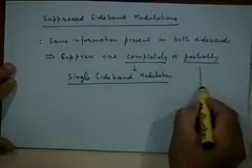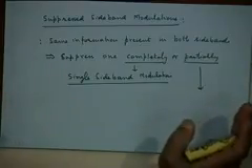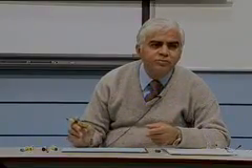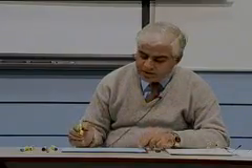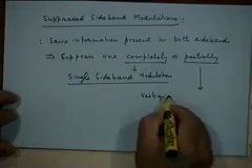When you suppress it only partially, what you typically do is transmit more or less the entire one of the sidebands, and a small portion of the other, also called a vestige of the other. And therefore we call that vestigial sideband modulation.